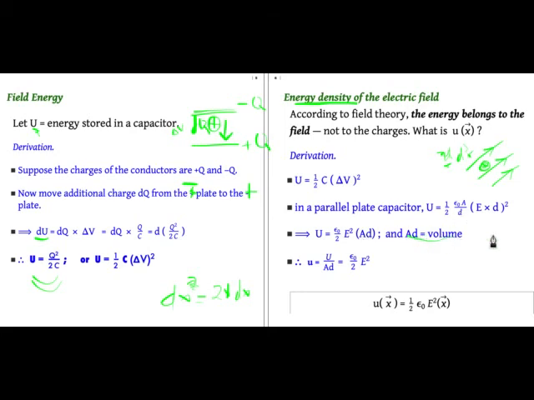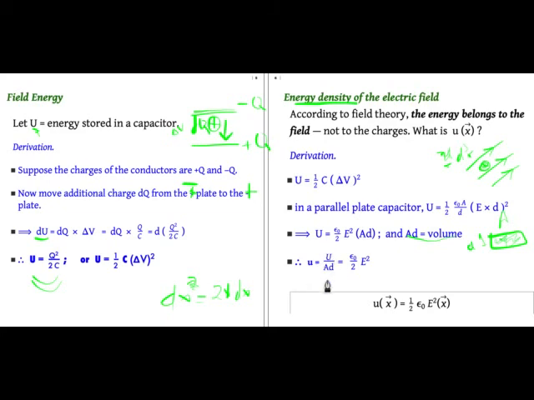You know, if you have an area A and a height D, then the volume of the space between the plates is A times D. So the energy density is U divided by volume.